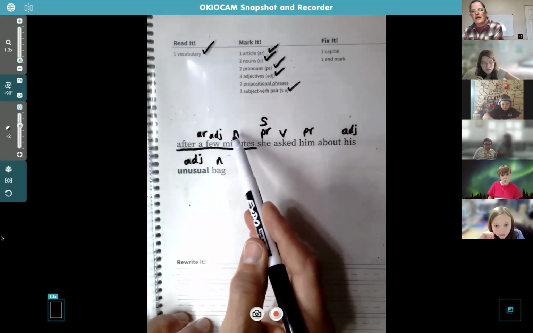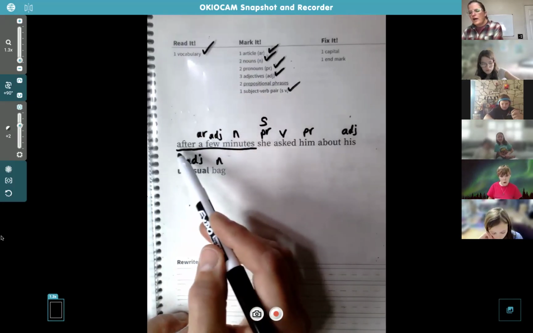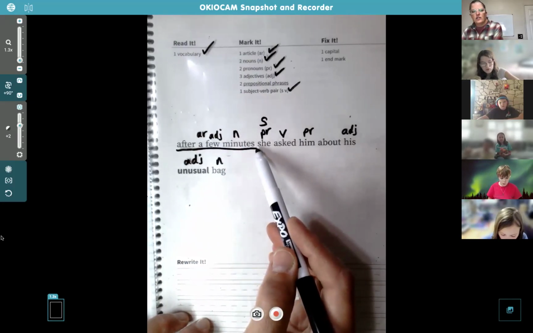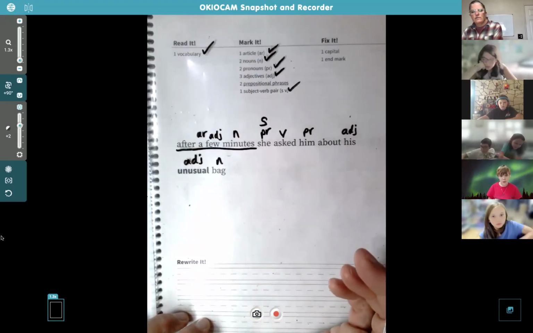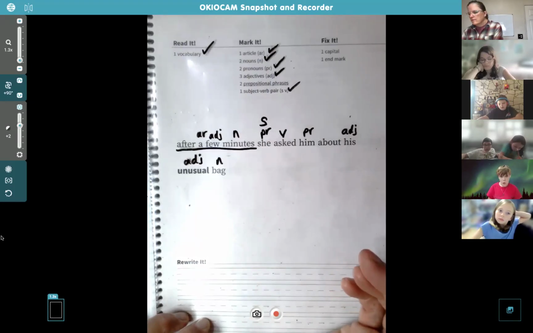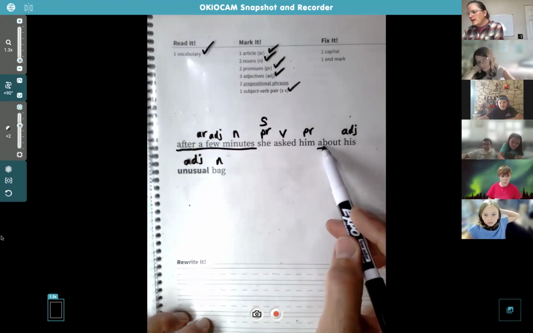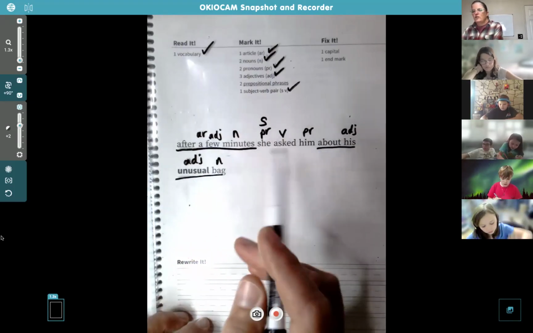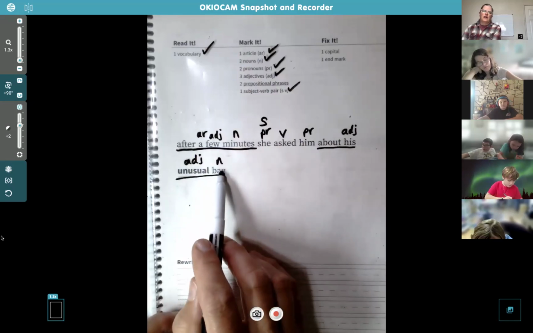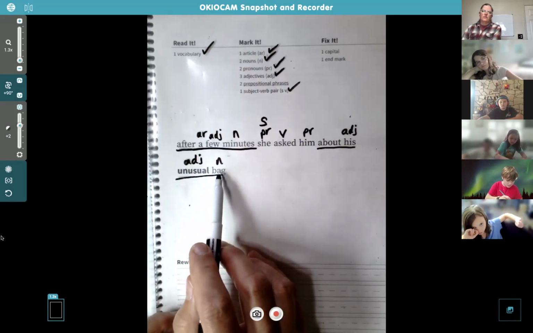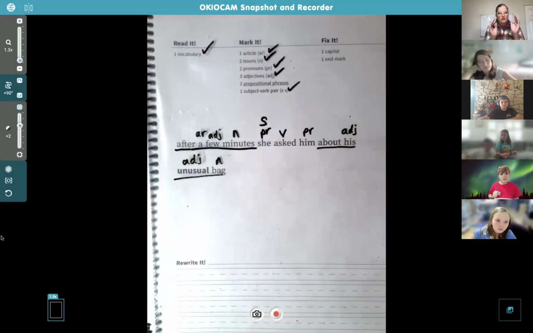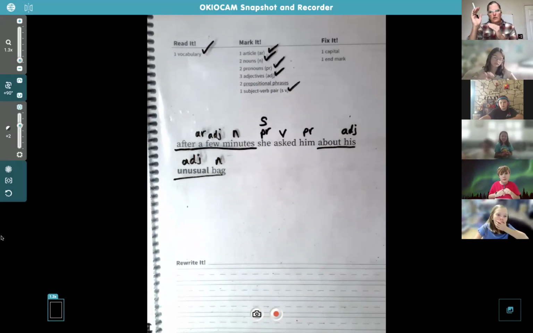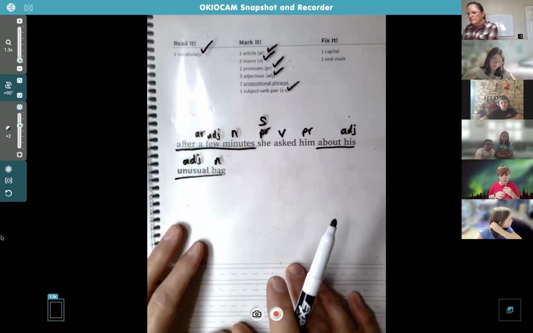It always stops on a noun or a pronoun. So after a few minutes is the whole phrase. Very good. And then what's the other one? About his unusual bag. You got it. That's perfect. See how we stopped on the noun bag? That's where it stops. So it's a group of words when we underline it. It starts with a preposition, a word that doesn't have a label on it, but then it has to go to the noun or pronoun.